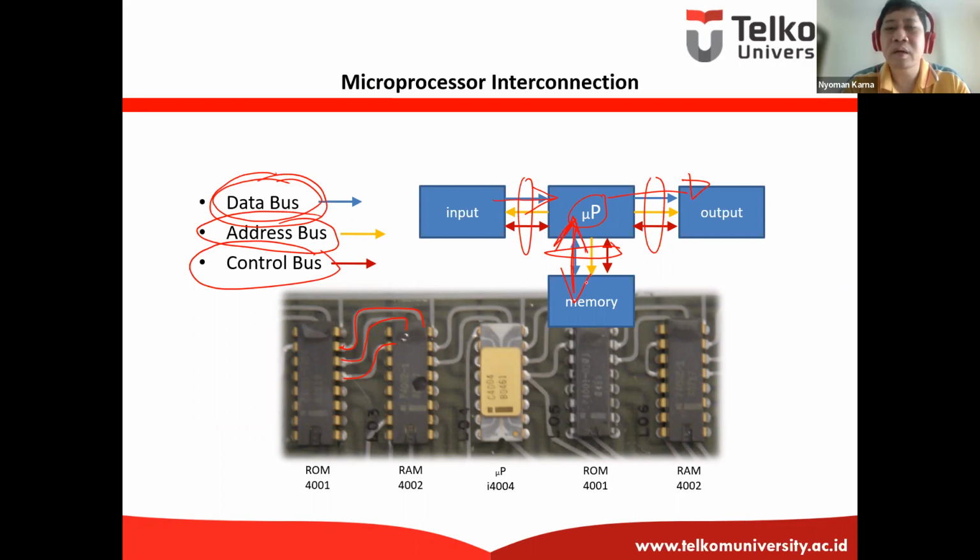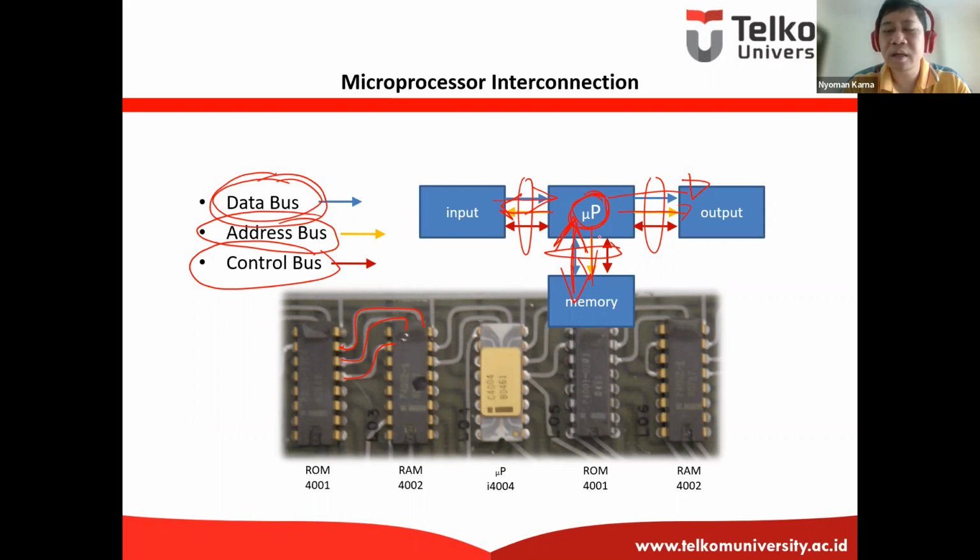Now, however, the address bus can only start from the microprocessor. For example, the microprocessor will send the address bus to the input, to the output, to the memory, sorry.